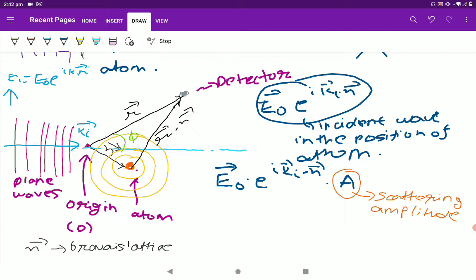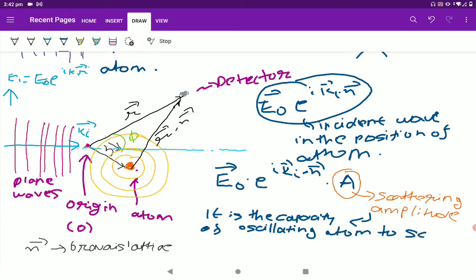So let me write. It is the capacity of the oscillating atom to scatter the electromagnetic wave.